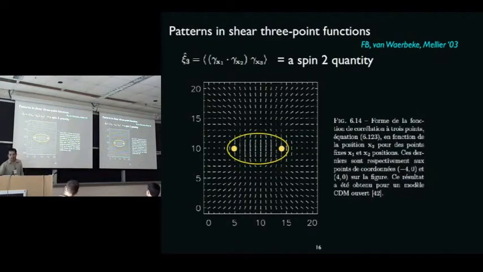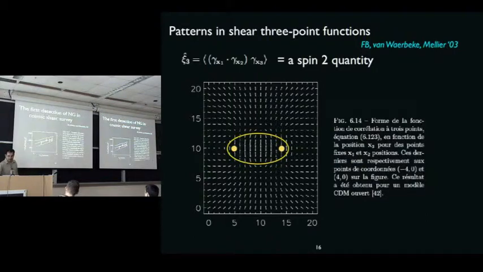So this exercise was done a few years ago, and we've been able to actually give the first detection of a non-Gaussian signal in this early survey. Going back to the discussion at the beginning, this ratio of the 3-point to the square of the 2-point function is omega dependent.